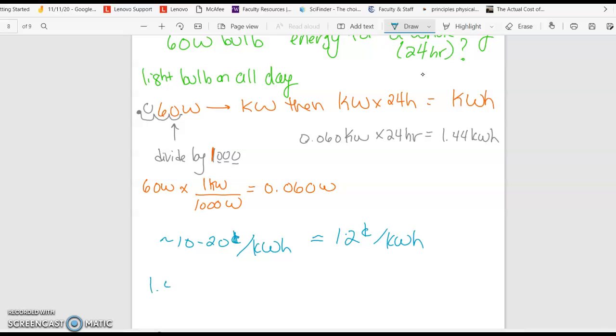So if I know we have 1.44 kilowatt hours, and I know there's 12 cents, or I can write this as $0.12 per kilowatt hour, that gives me $0.17.